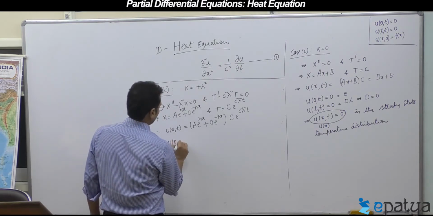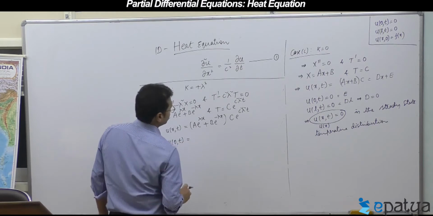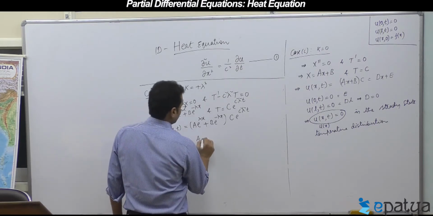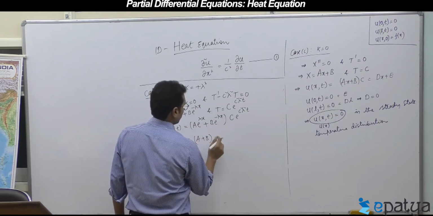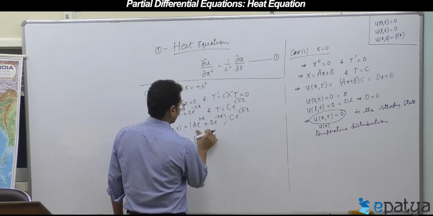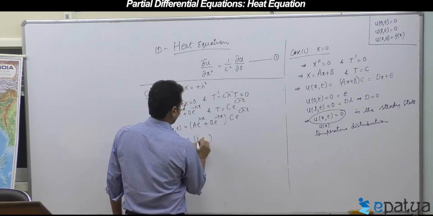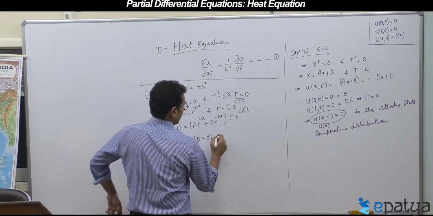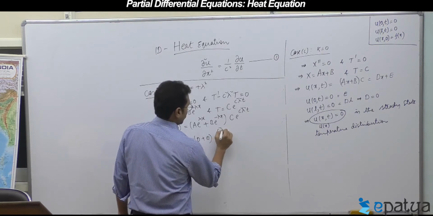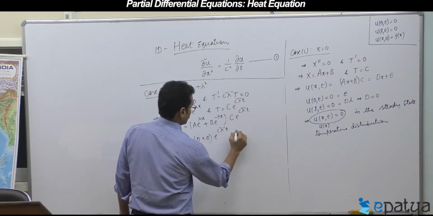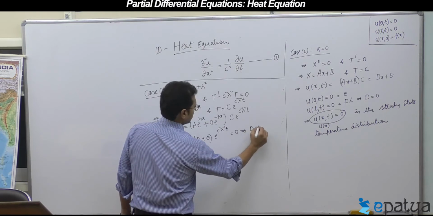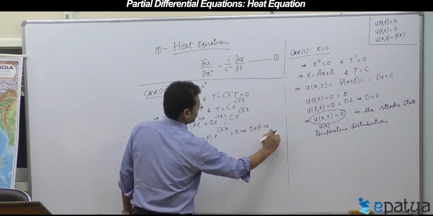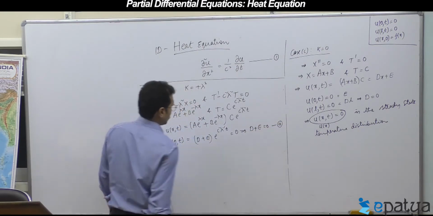Just try to apply. u of 0 comma t equal to (A plus B) into, or maybe C also you can put inside, which becomes D plus E times e power c square lambda square t equal to 0, which implies D plus E equal to 0, which is equation number (a).